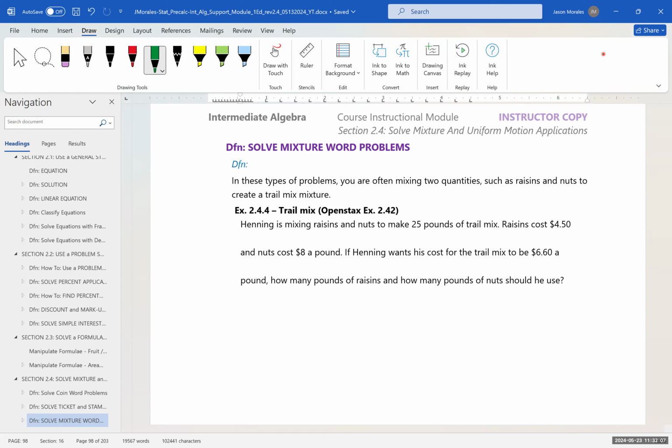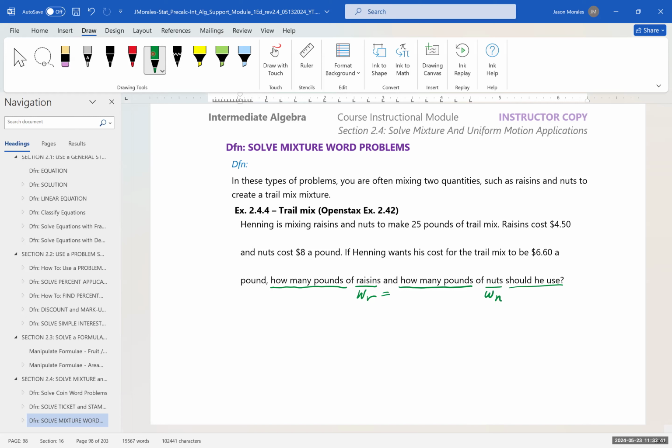All right, so we're kind of dealing with different kinds of units. So let's label what we've got. What we're being asked for is how many pounds of raisins, so we'll label this as the weight of raisins, and how many pounds of nuts, so we'll call this the weight of nuts.